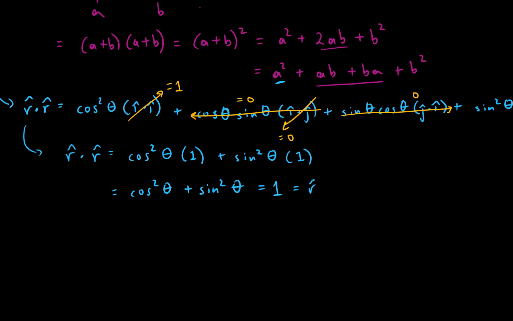So we see that any unit vector dotted upon itself, or in other words its magnitude, must equal 1. Another term for that is called unity, when the length of a vector is equal to 1.